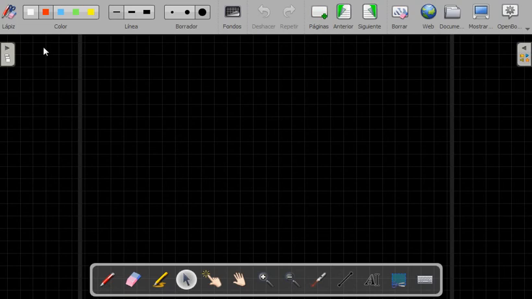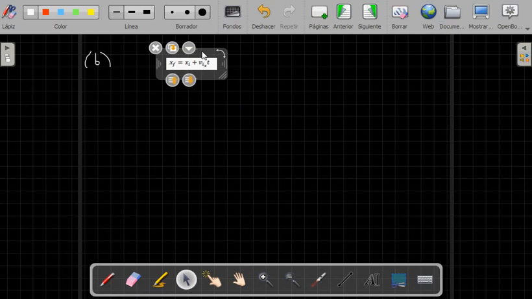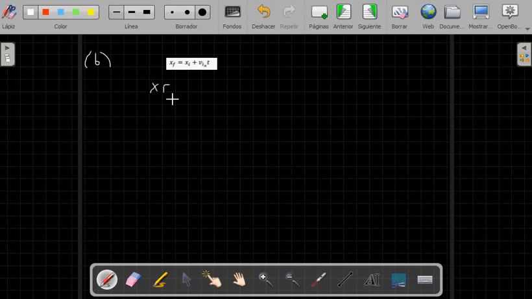Part B. The formula that we need to use is this one. Let's remember that our unknown is the initial horizontal velocity. Recuerden que nuestra incógnita es la velocidad inicial horizontal. For that we need to isolate it. So I'm going to send that initial position to the other side from positive to negative.